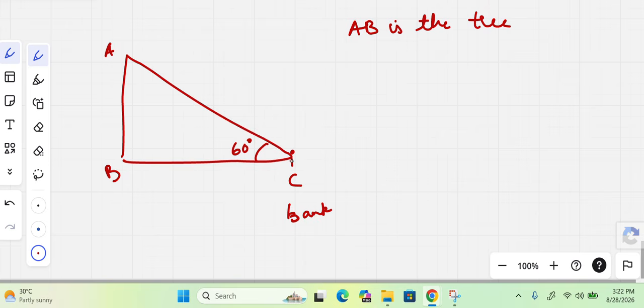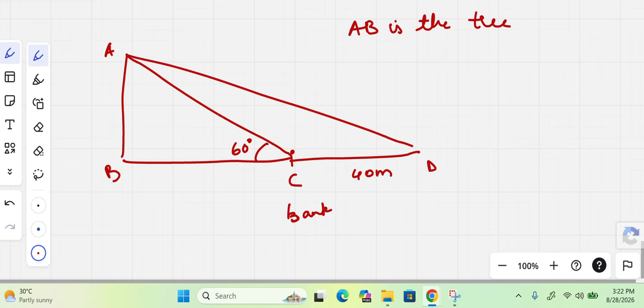From here he moves 40 meters away and he reaches this point. Now when he looks at top of the tree, the elevation is 30 degree. Right? Is that correct? So actually this BC is your river. This is your river. So BC is river.